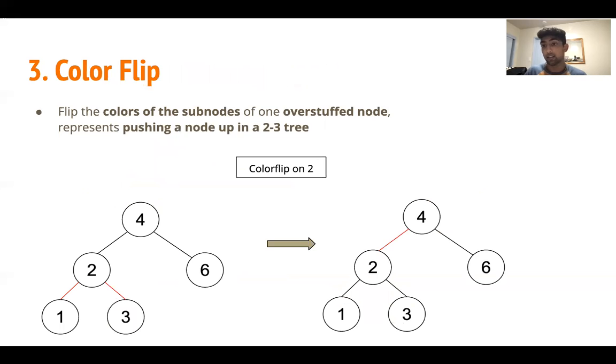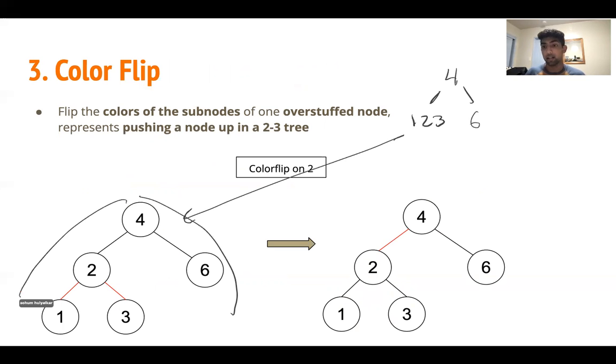And then the last couple things I want to mention is when we have a 2-3 tree, right? Suppose that we have this 2-3 tree. This is the exact same 2-3 tree that corresponds to this LLRB, okay? If we have this 2-3 tree, what we want to do is take this number 2 and push it to the level above.